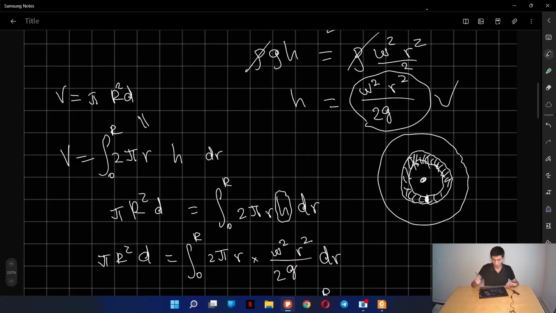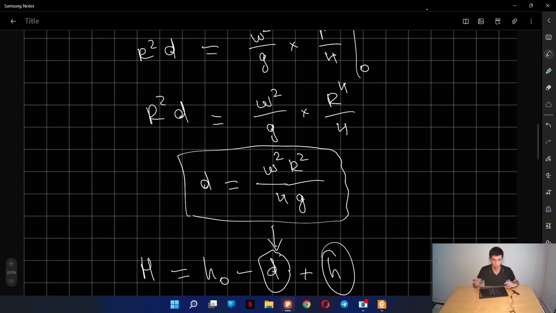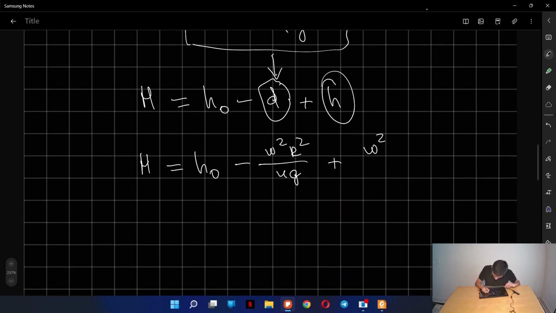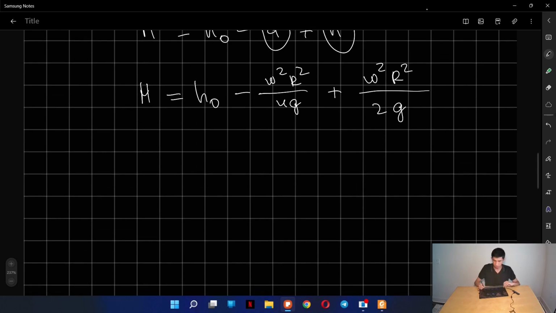And R here is going to be the big R. And then if we look at this part of our equation, it's going to cancel. So if we simplify it, it's going to be equal to H0 plus omega squared R squared over 4g.